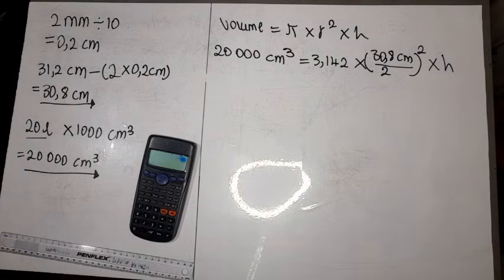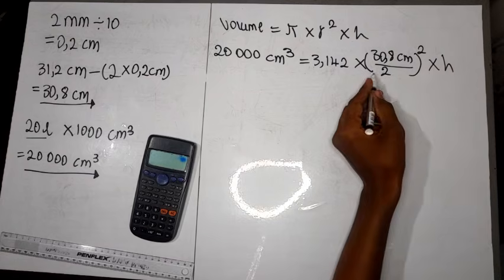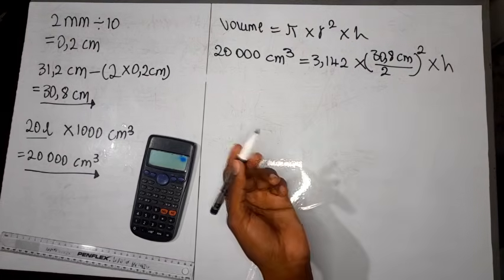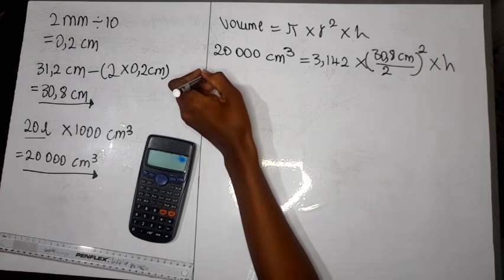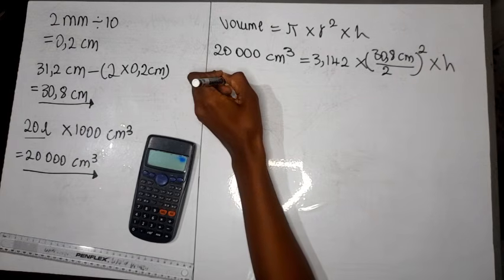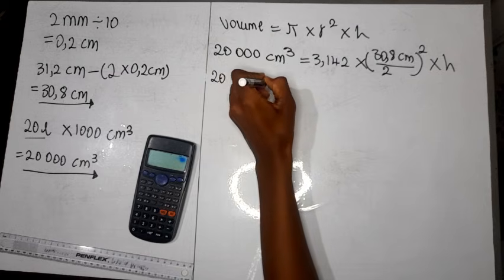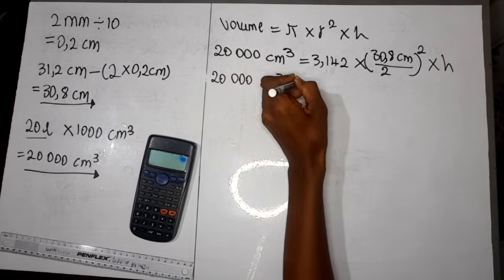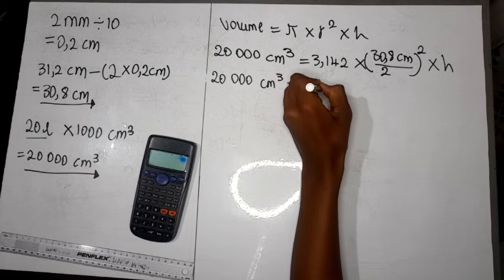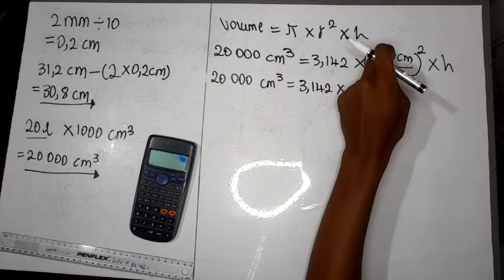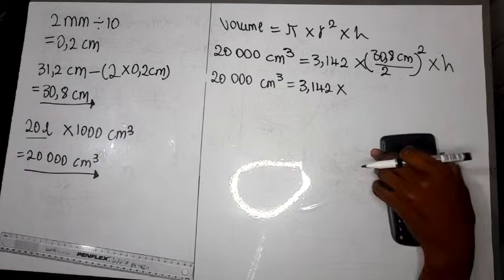So now we're going to go forward. We're going to start with the brackets, as BODMAS says, brackets first, right? So we're just going to copy this one down. 20,000 cubic centimeters equals to 3.142 multiply by, and then now we're going to work on the brackets.